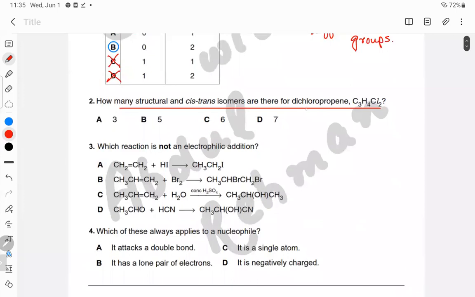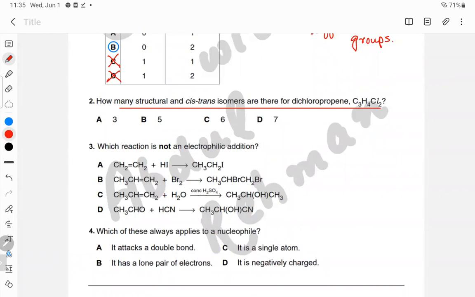They are saying that it's a dichloropropene, and if it's a propene, then I will make a propene like this. Now it has 2 chlorines as well. So let's see how we will identify the number of structural isomers and the number of cis-trans isomers.